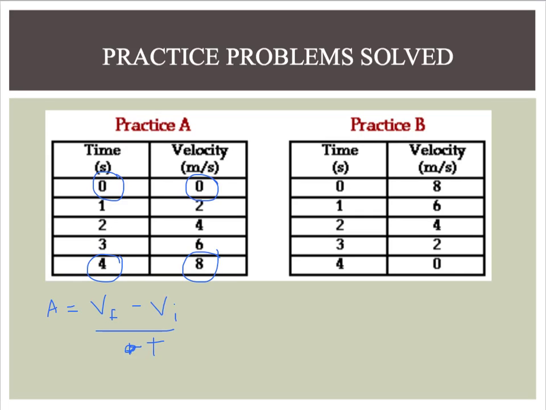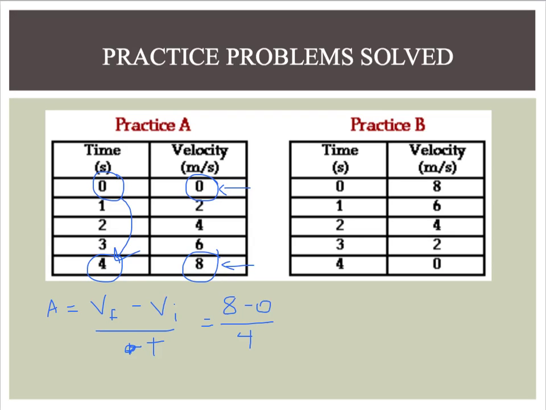I'm going to have my final velocity equal 8. And your initial velocity is 0. And you have to look at how much time it took to do that. So it took 4 seconds overall to complete that part of the data table. So 8 minus 0 is 8.